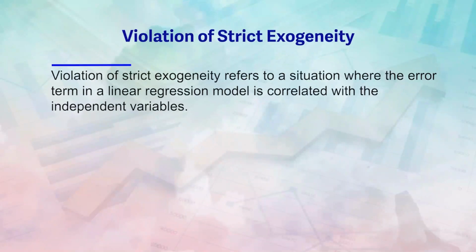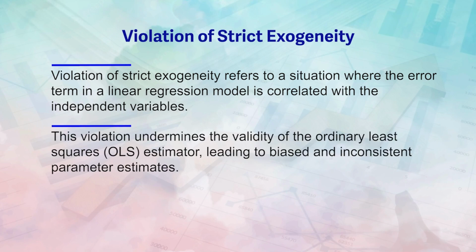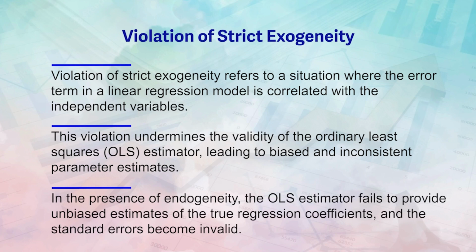Another important violation is the violation of strict exogeneity. This comes up when we are addressing the problem of endogeneity in the model. Violation of strict exogeneity means that the error is correlated with the independent variables. As a result, OLS estimates will be biased, and in the presence of endogeneity, they will also provide standard errors which are invalid.